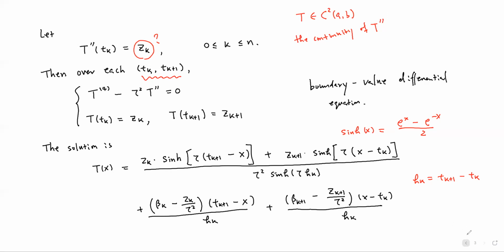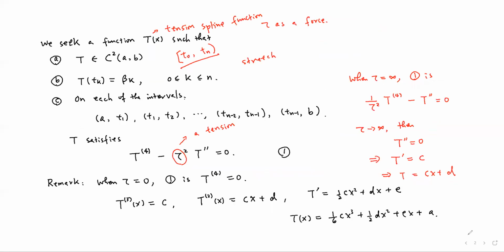And also we have used the continuity of T, because we assume the value of T at the knots tk is beta k.